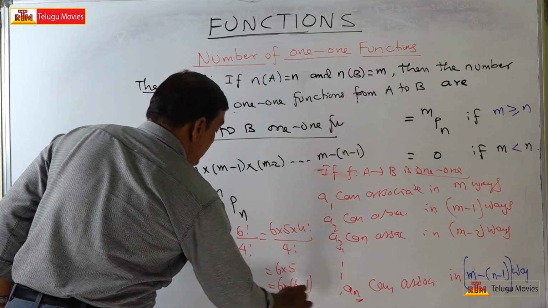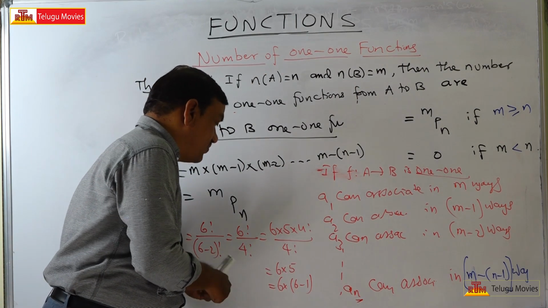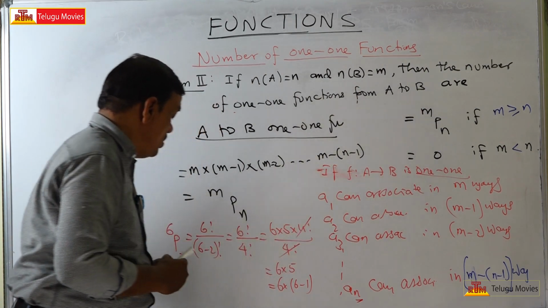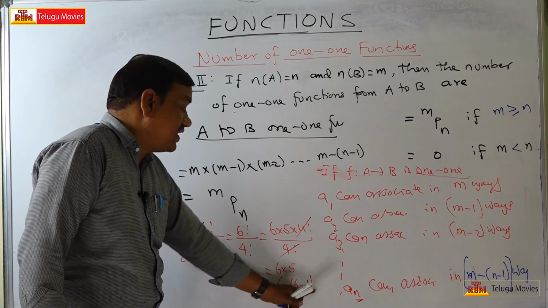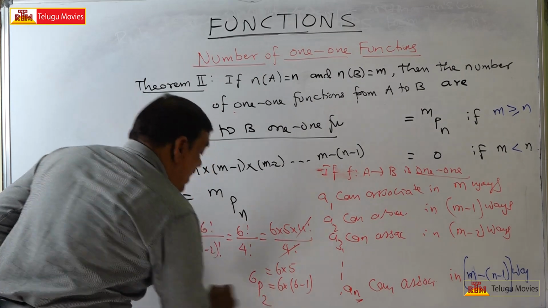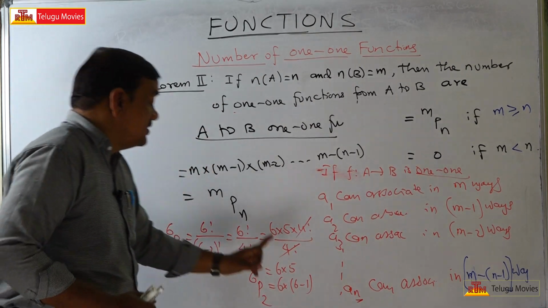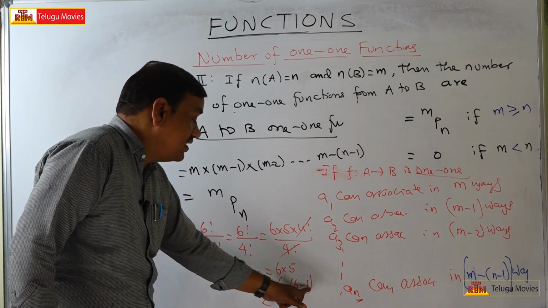This 4 factorial gets cancelled. 6P2 means 6 into 5. This 5 can I write down as 6 minus 1? That means 6P2 value is equal to 6 into 6 minus 1. Here if it is 2, here 1 is there.